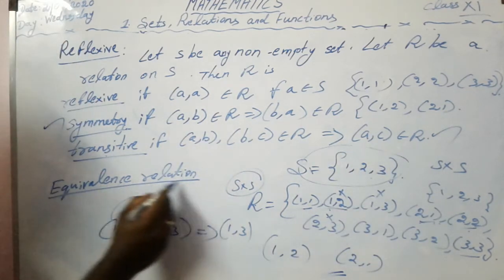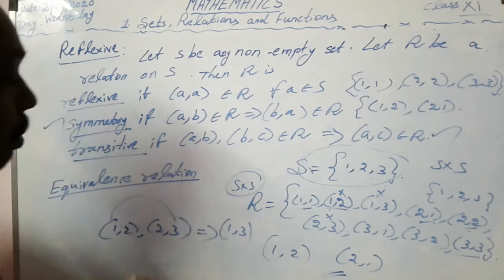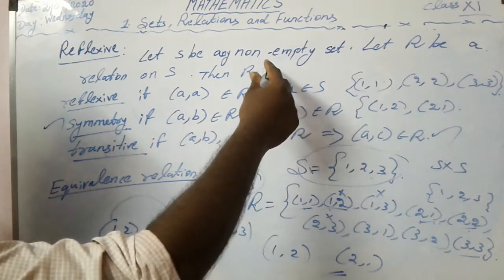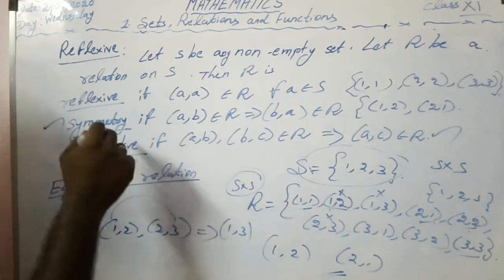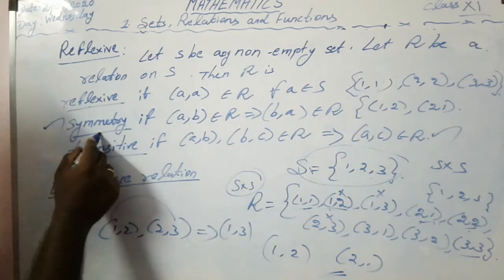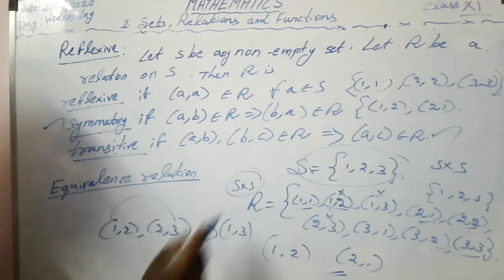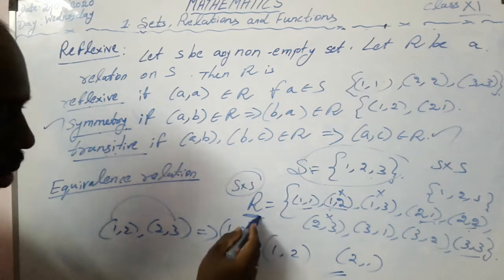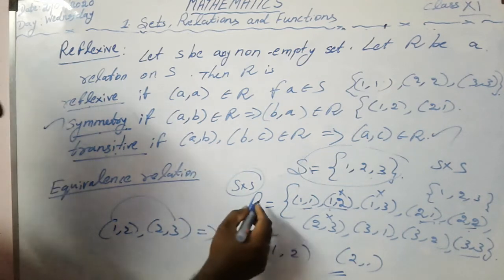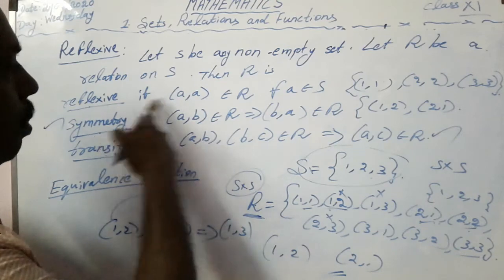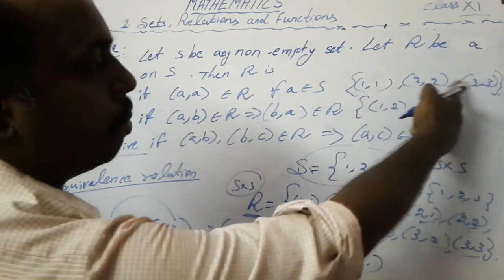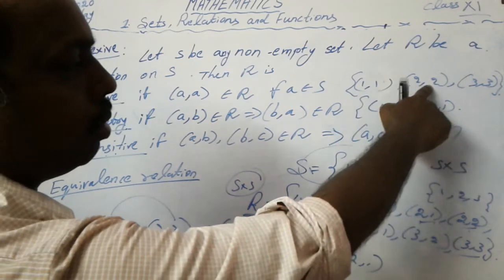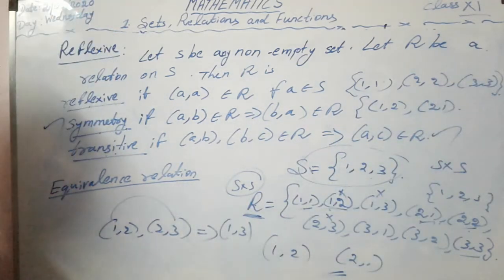Then equivalence relation. An equivalence relation is nothing but a relation that satisfies all three types: reflexive, symmetry and transitive. So whether this R is an equivalence relation or not? Yes, because R is reflexive: (1, 1), (2, 2), (3, 3) are there.